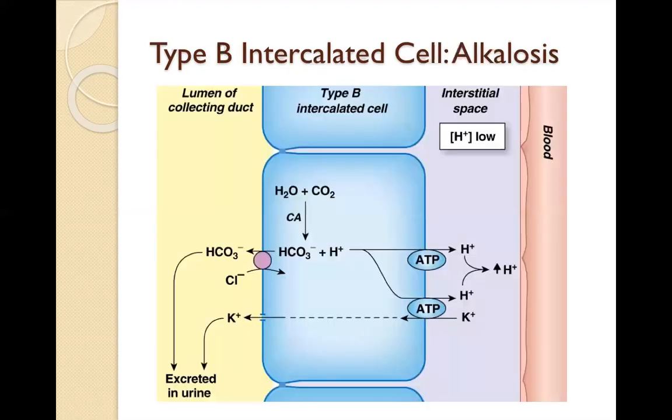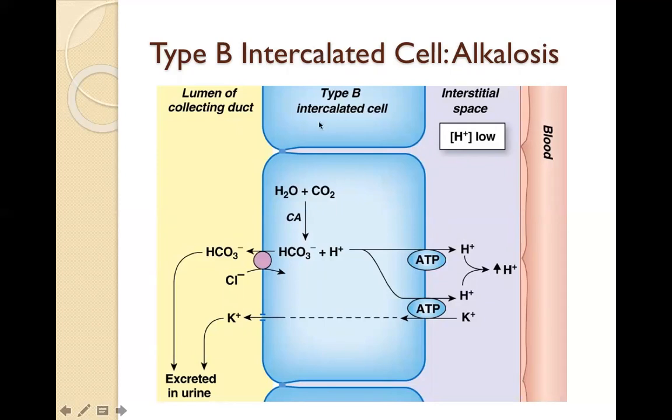And it actually looks very similar, but it's flipped. The first thing that you'll notice is that all of the exchangers and the pumps are on opposite sides, but everything else looks to be similar. The interstitial space is going to have a low hydrogen ion concentration because we're in an alkalotic state.